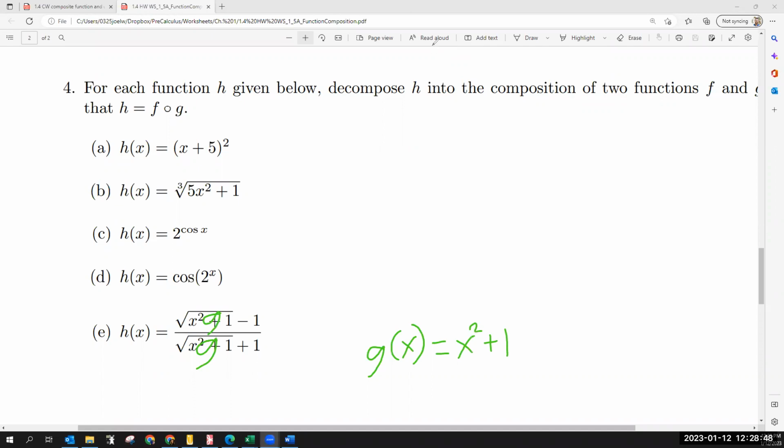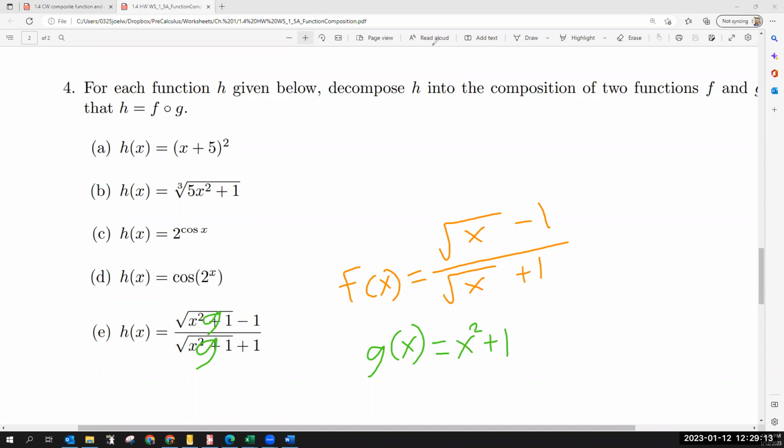So I say, okay, F of X has to be square root. Well, if I plug G in, that means there has to be what inside of there? X. So square root X minus 1 over what? Square root X plus 1.